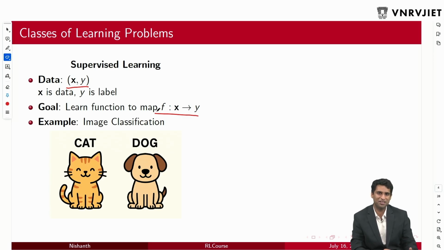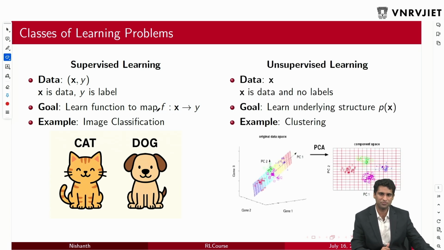So in this example, let's say we are given images of cats and dogs. If we pick up one image, it could be an image of a dog, then the machine learning model takes this image as an input, does some processing, and outputs the label as either a dog or cat, right? So that's a typical example of supervised learning.